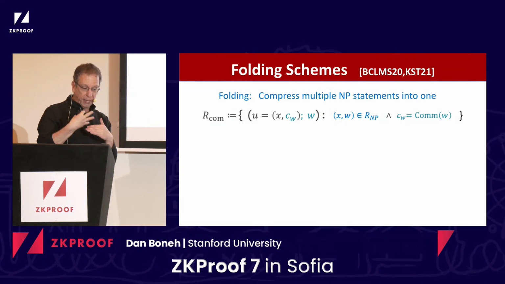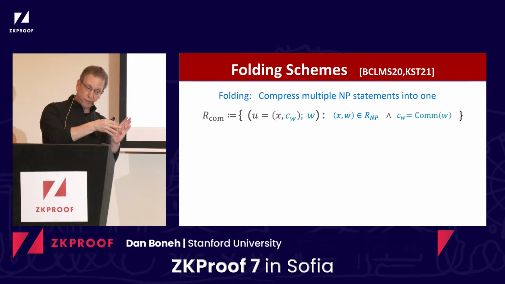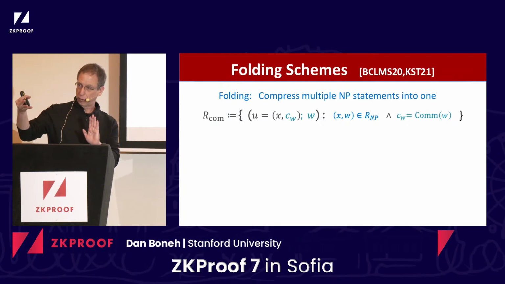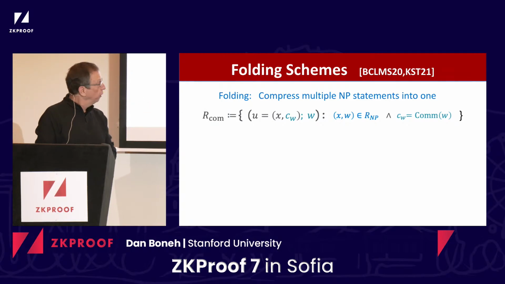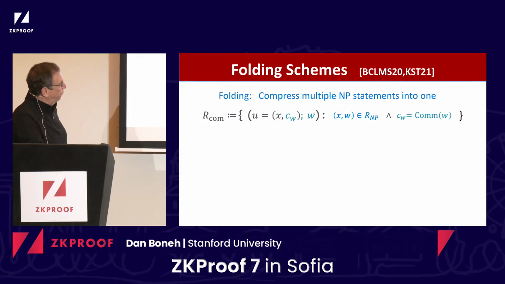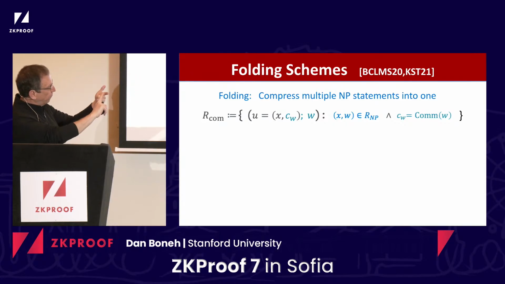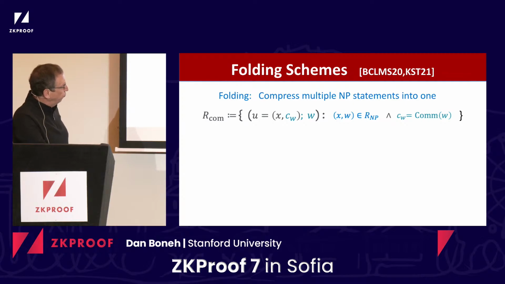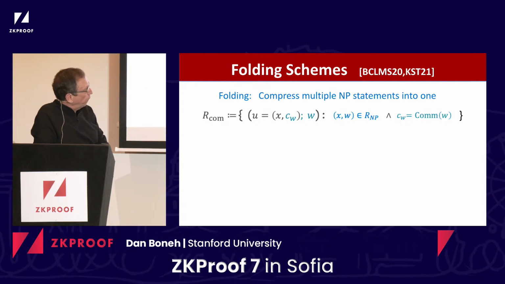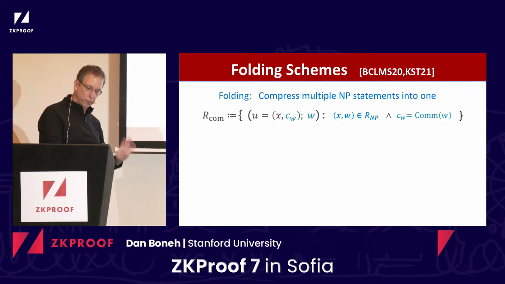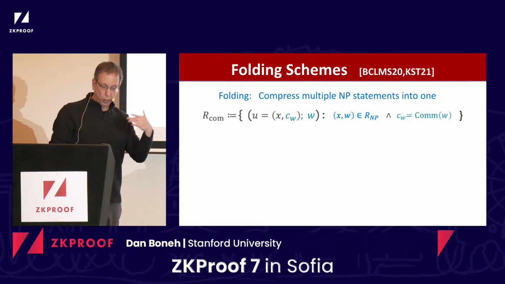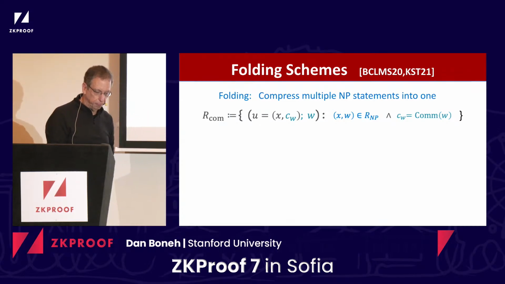So you notice we expand the statement from X to X comma commitment to witness. That's the new statement U, and the witness stays the same. What we're proving is that X and W are in the relation, and that in fact C_W is a commitment to W. That's the first step that we have to do in preparation for a folding scheme.